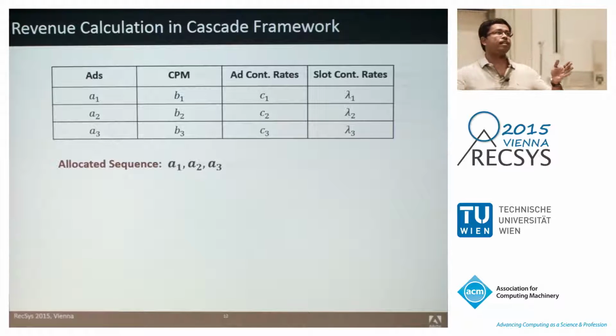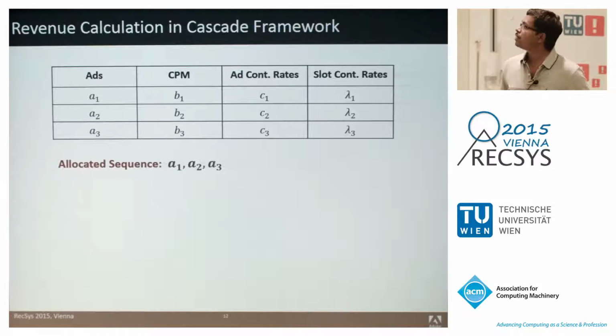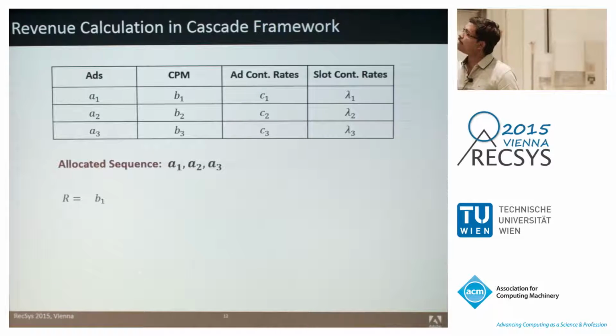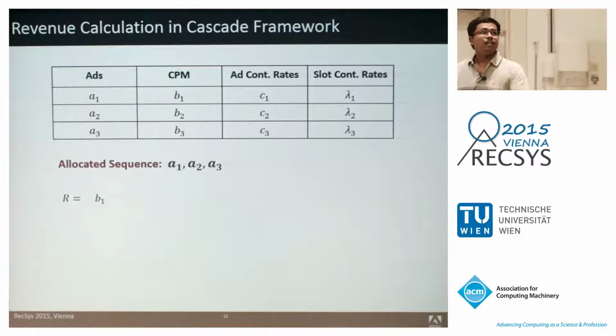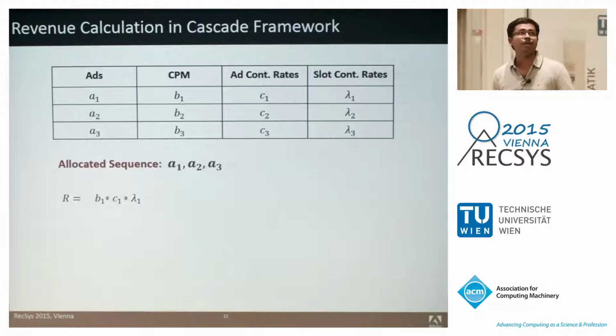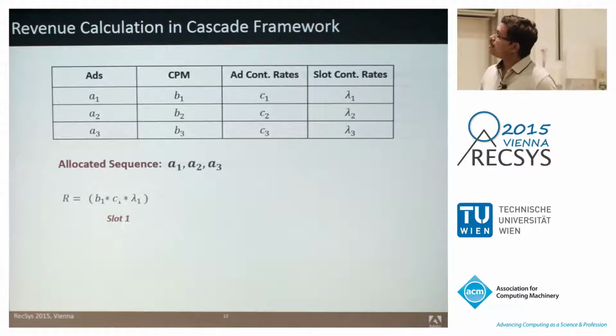That is, in a video session, you will start with the first ad, followed by the second, and then the third. The way the revenue is calculated is you have the price from the first ad, B1. The probability of continuing is C1, but it is also affected by the slot specific continuation rate, lambda 1. What you get here from slot 1 is the expected revenue.